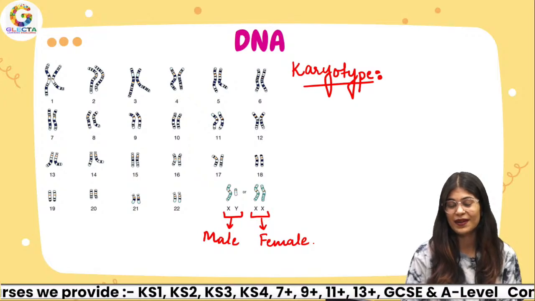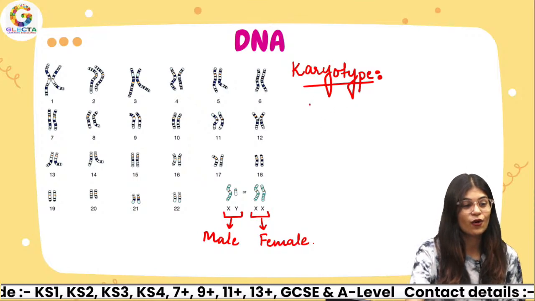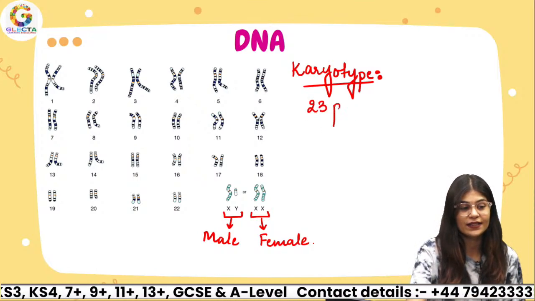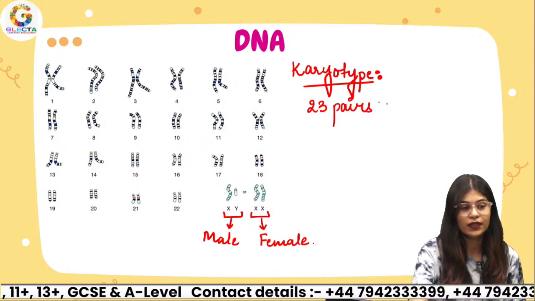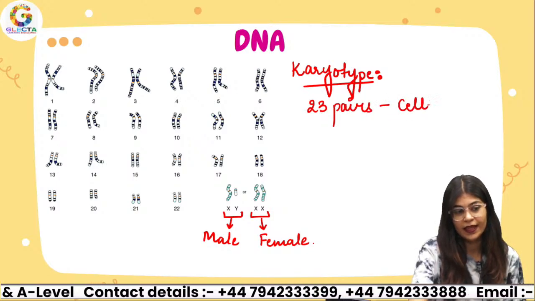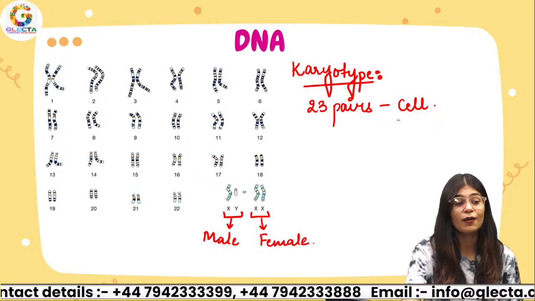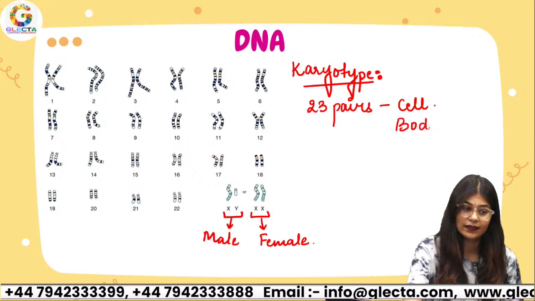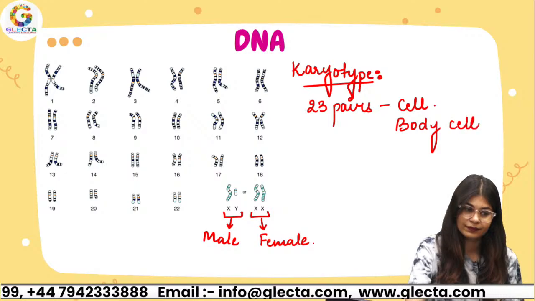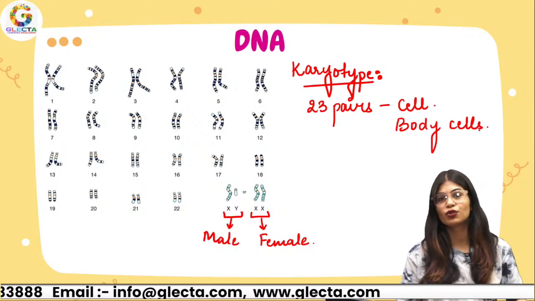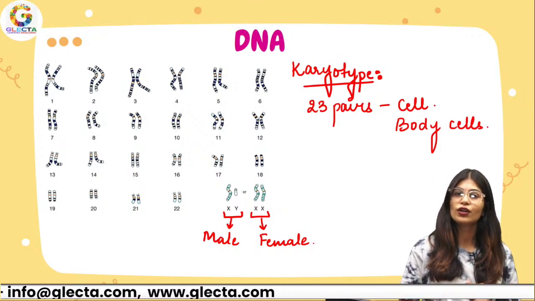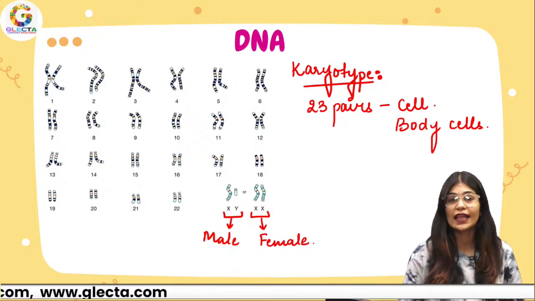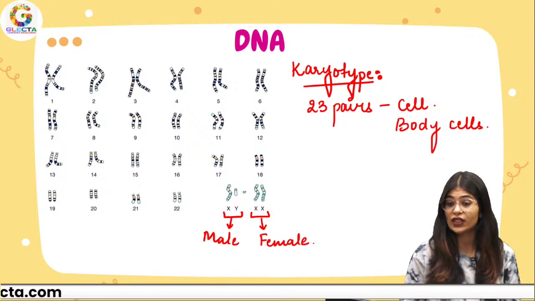Tanishka says 23 pairs. That is correct, Tanishka. We have 23 pairs of chromosomes in a cell. And when I say a cell, I mean a body cell. Which means from head to toe, all the cells in the body have 46 chromosomes in pairs of 23.